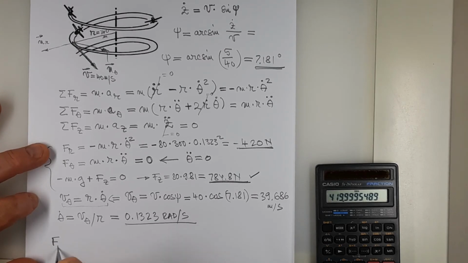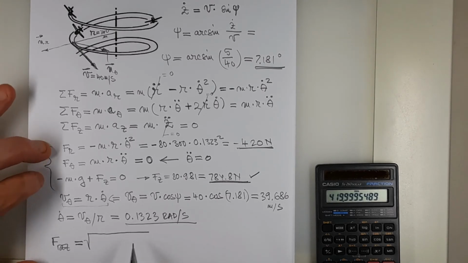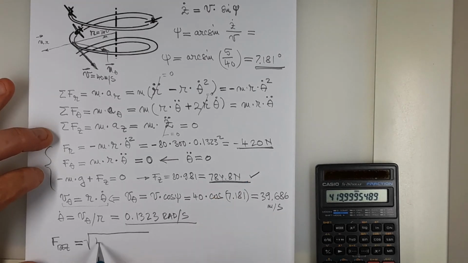F resultant, reaction from the seat, is going to be the square root of 420 squared plus 784.8 squared.